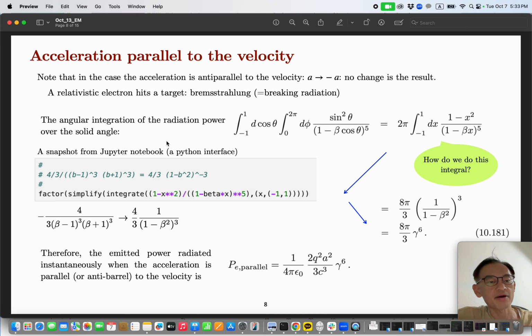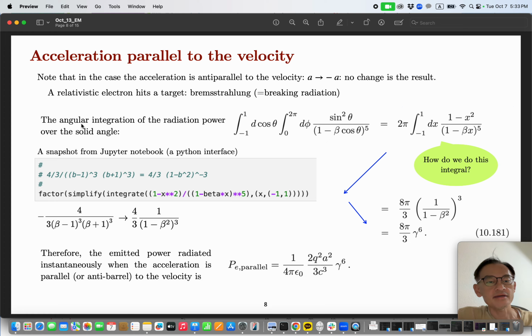So we can think about a very high energy electron hitting a target. So that's a sudden deceleration. And that situation is normally called, this is I think a German word, Bremsstrahlung. In English, it's braking radiation. So when a charged particle such as an electron hits the target and the electron is stopped, then the radiation happens.